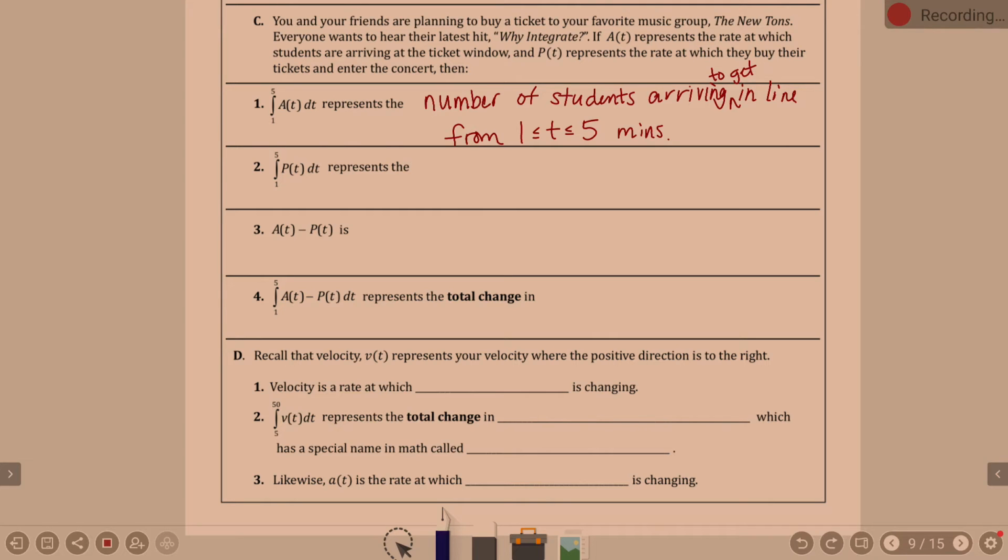So this is going to be like the number of tickets bought and used? Yeah, I'd more say it's the number of students that buy the tickets and actually enter the concert, which does interpret to number of tickets, same idea. So it's totaling up the number of students that have bought tickets and entered the concert between 1 and 5 minutes.